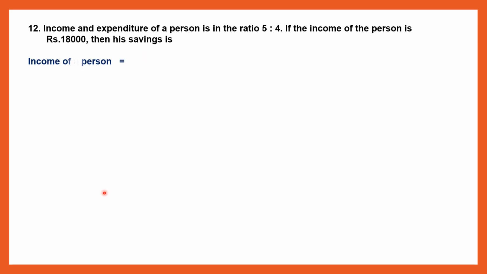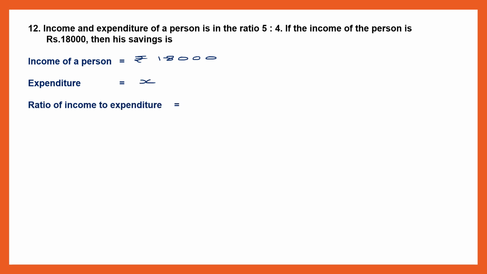Let's write what's given. The income of a person is given and that is 18,000 rupees. Then the expenditure is what we are going to find out. So we're going to consider the expenditure to be X. So the ratio of income to expenditure is already given to us as 5:4 and that is equal to 18,000 is to X. Now we're going to use the formula product of extremes equals product of means.